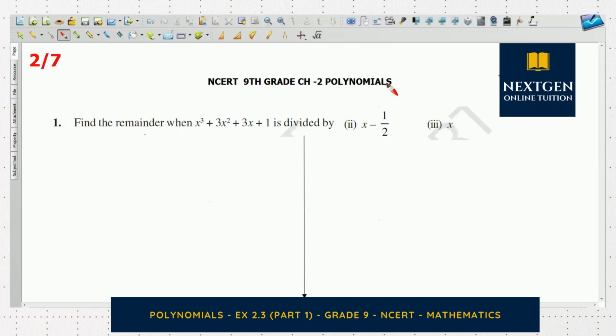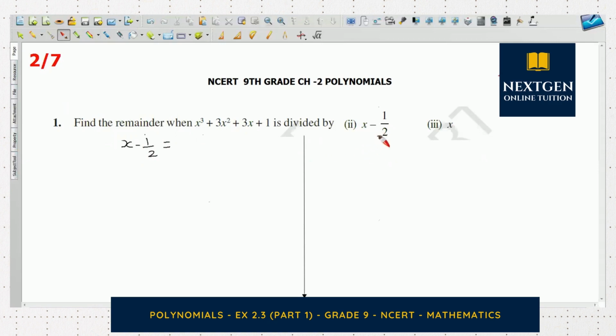As I said in the polynomial explanation, first of all, I need to equate the divisor value to 0.